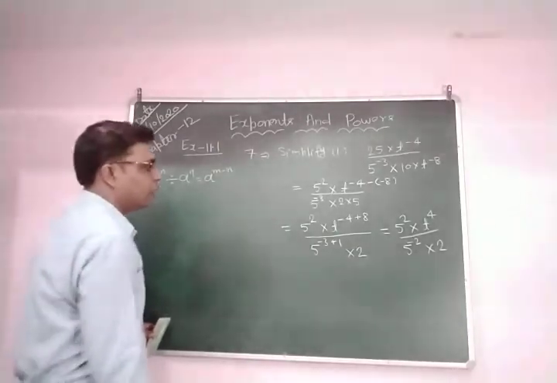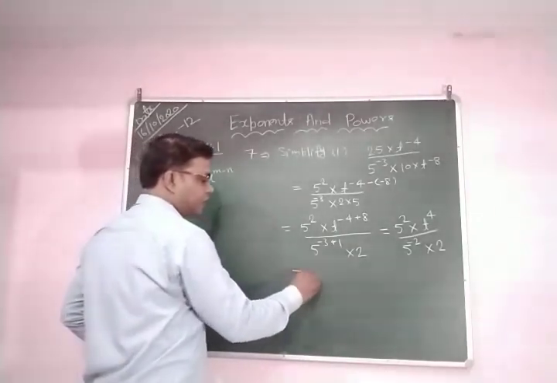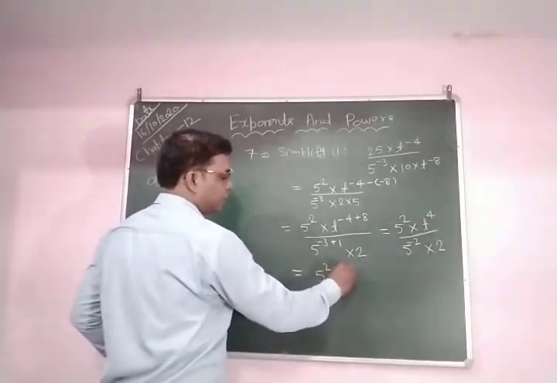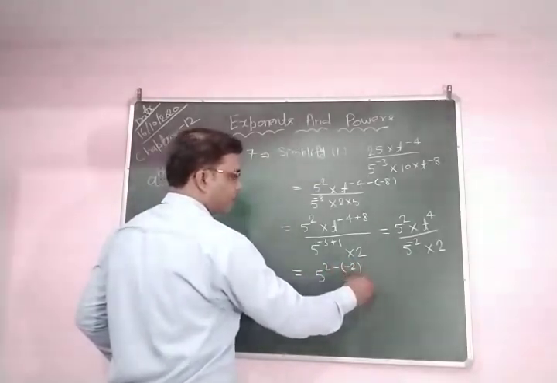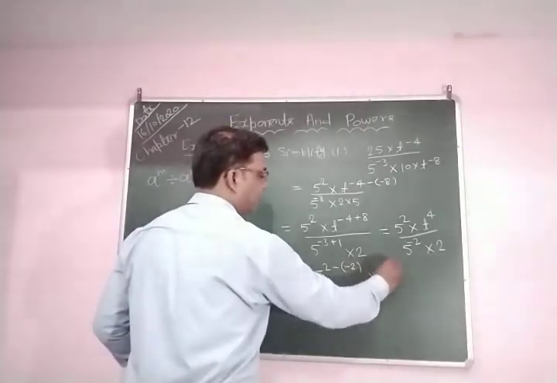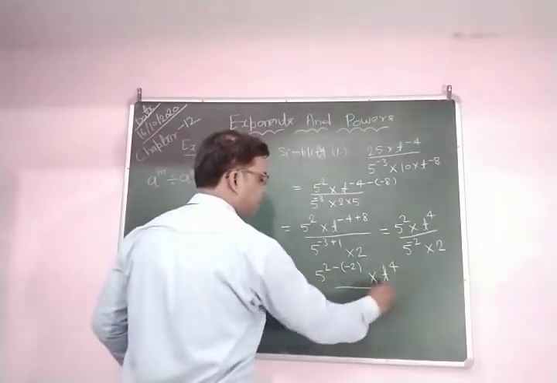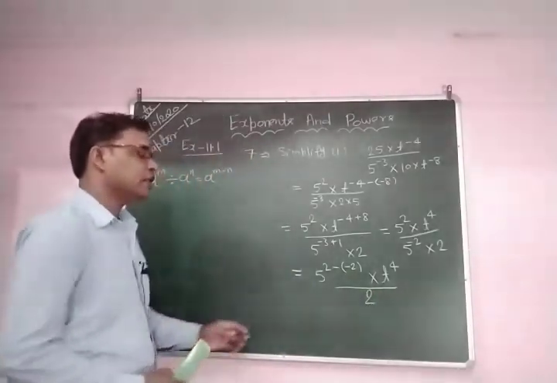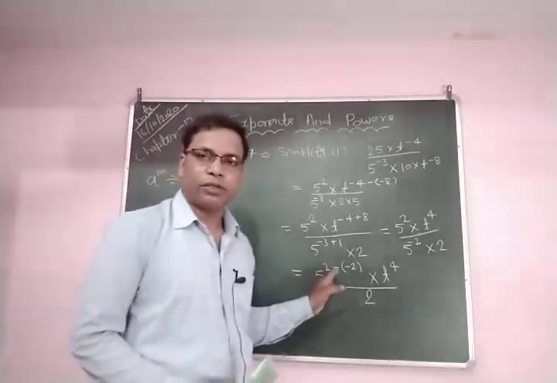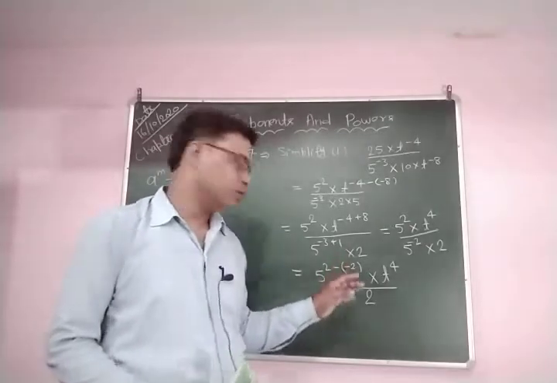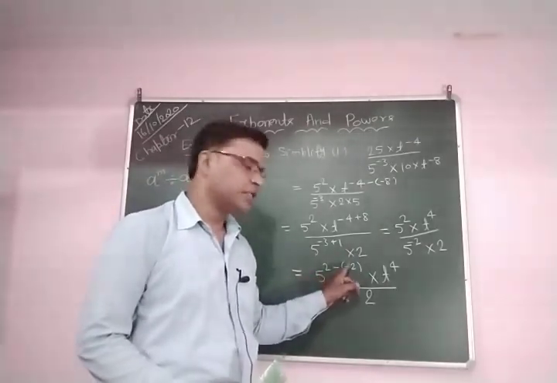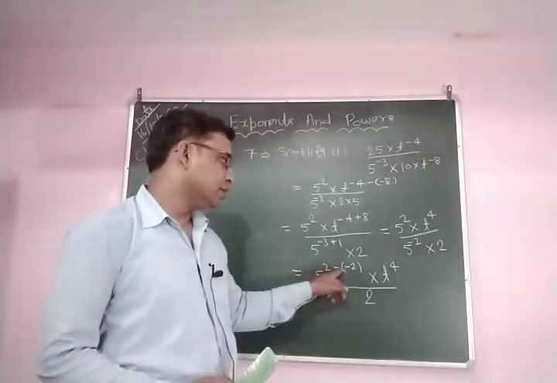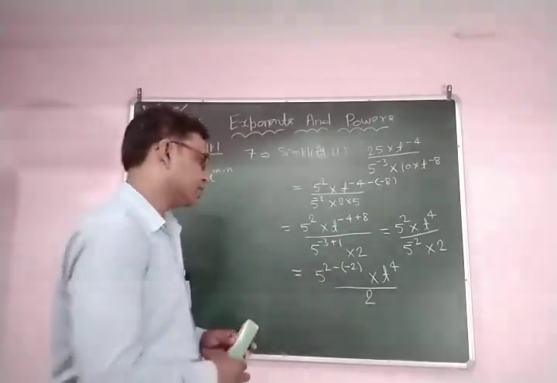So we can write 5 power 2 minus of minus 2, into t power 4 divided by 2. Now you can see here, minus of minus 2: minus into minus is equal to plus.